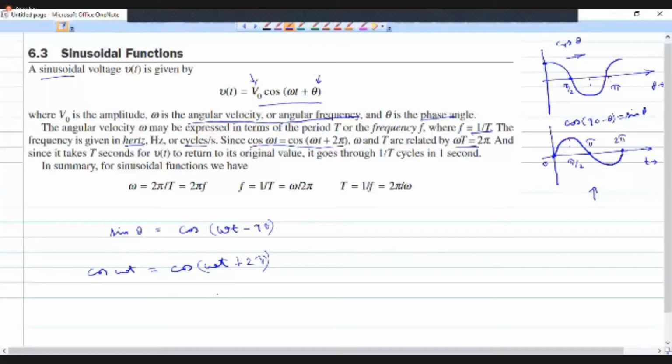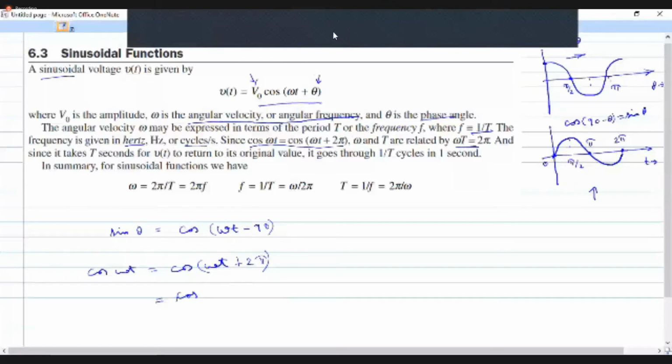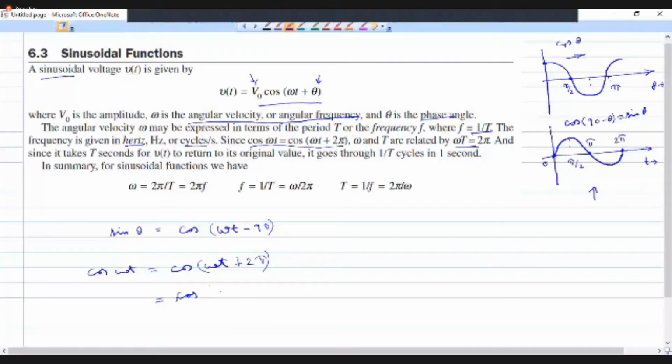We know that cosine and sinusoidal functions are periodic functions, so I can express this as omega times t plus the time period, capital T.